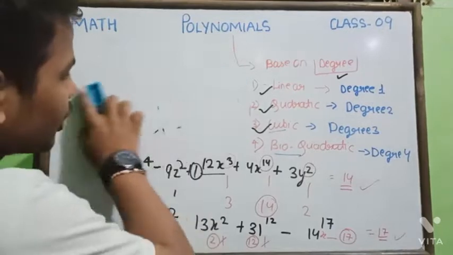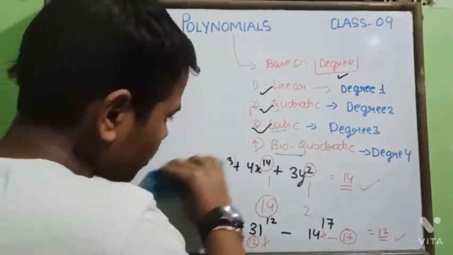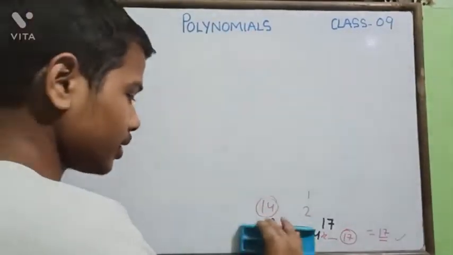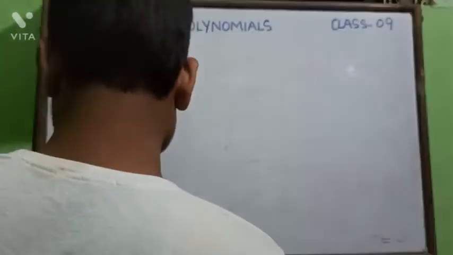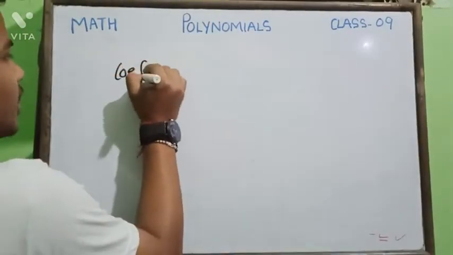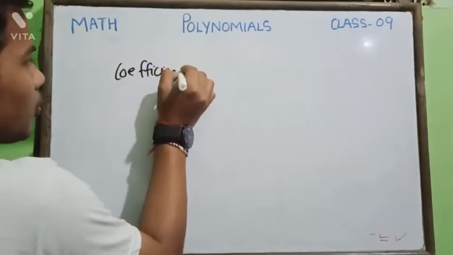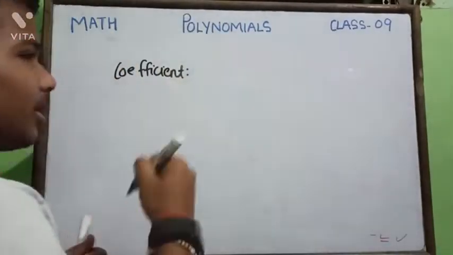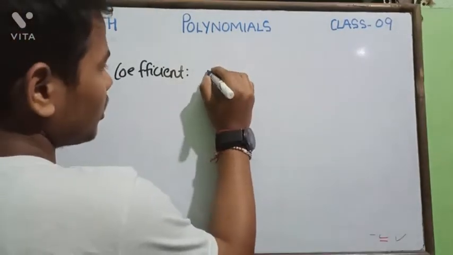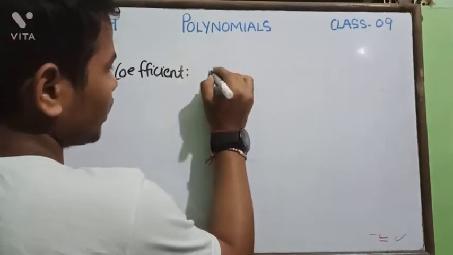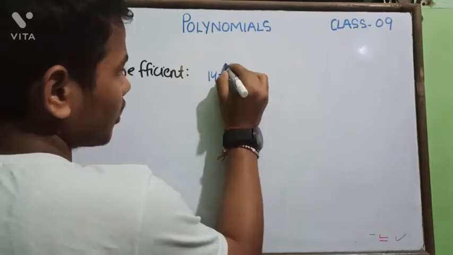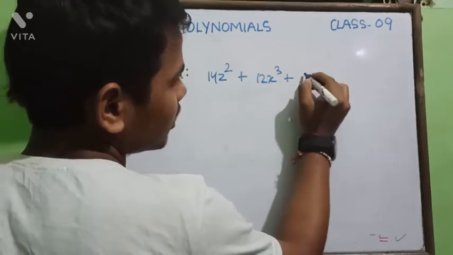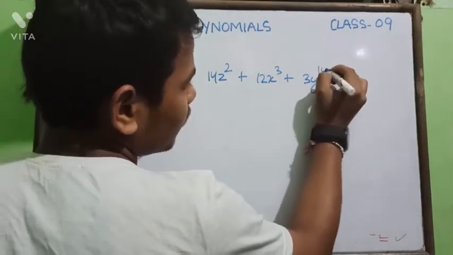Before that, let me tell you what a coefficient is. If you write any polynomial, let me take here 14z² plus 12x³ plus 3y¹⁴.